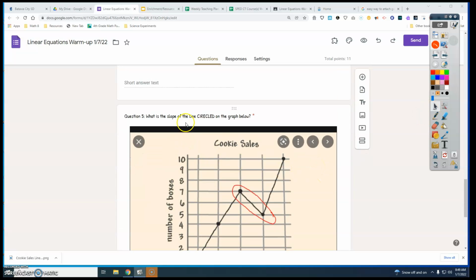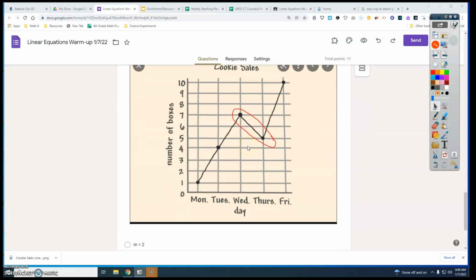All right, so the final question is, what is the slope of the line circled in the graph below? Like we said before, there's 3 slopes. But with this one, we're going to mark it in red. And we have to realize, right, that slope, or our m value, is rise over run.